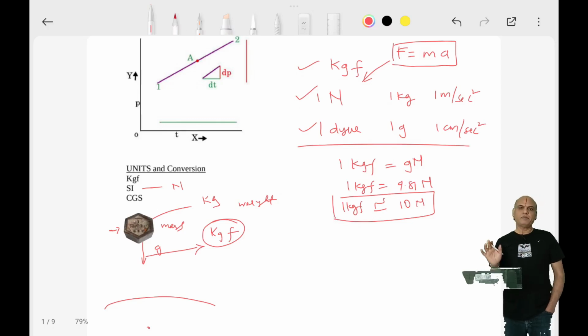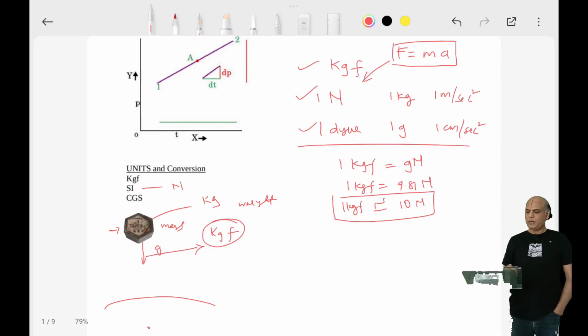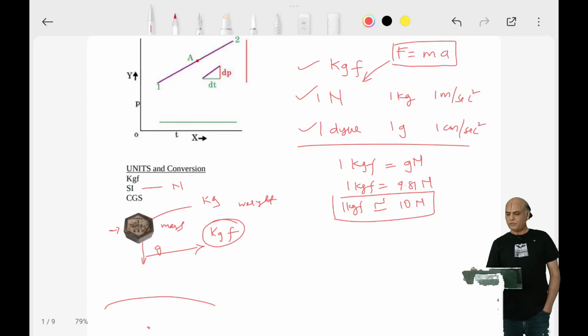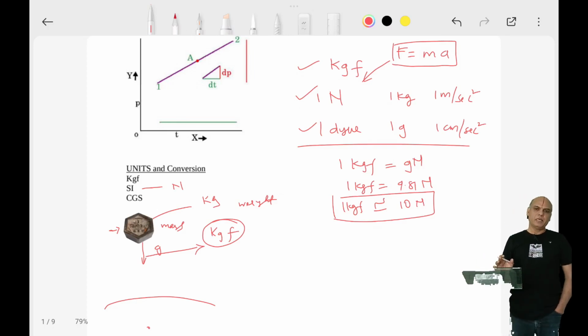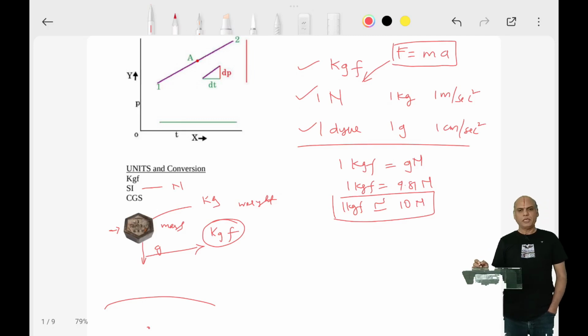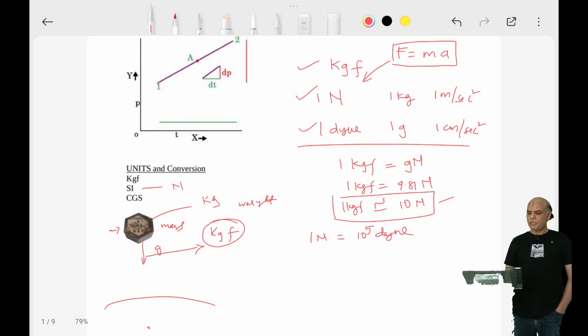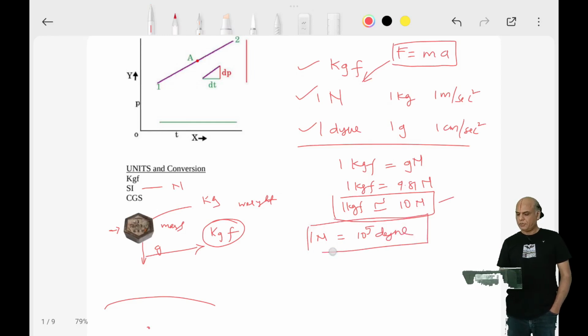So in problems, if you are asked to assume 1 kgf is equal to 10 newtons, go for it, because if you take 9.81, you might end up with difficult calculations that might waste your time in the exam hall. Then 1 Newton is equal to 10 to the power 5 dyne. This is another relationship you should remember.